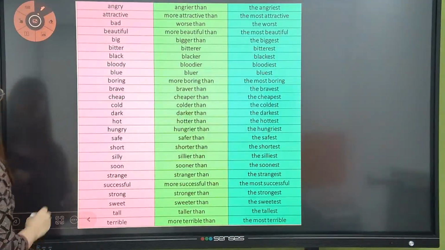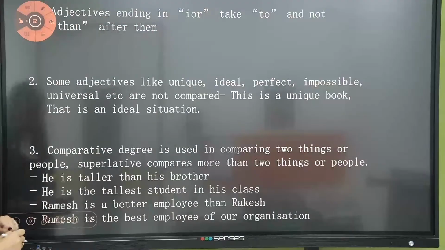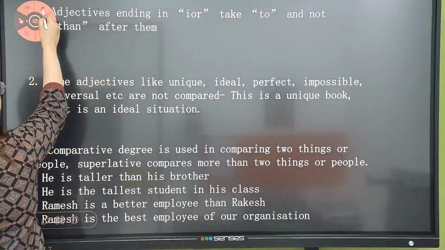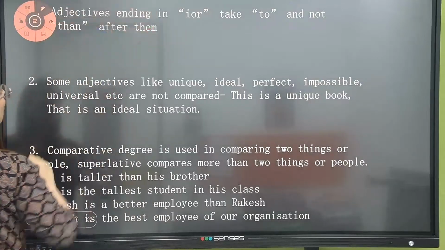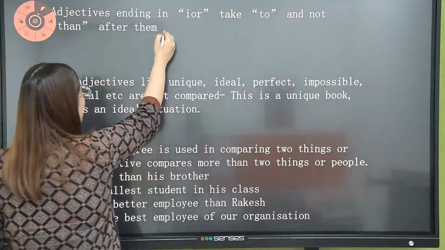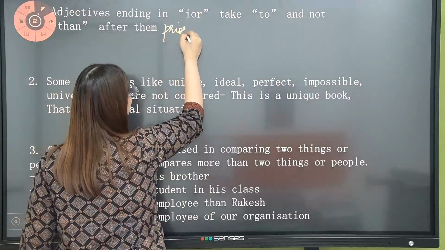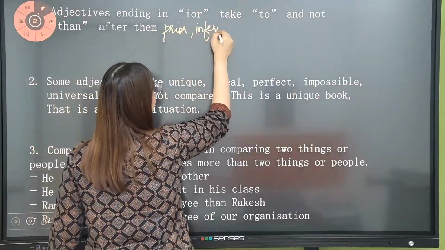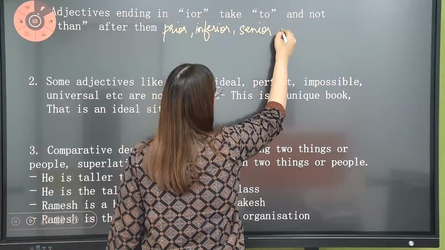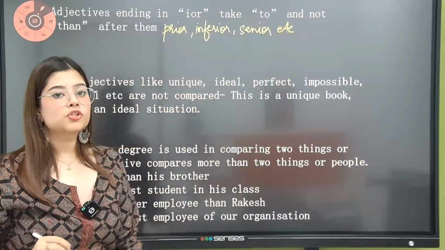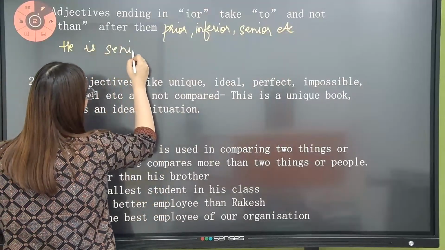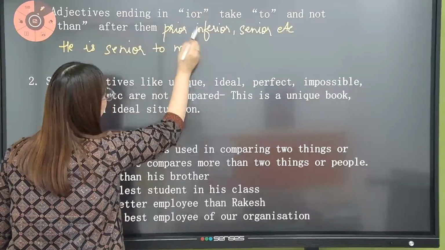So, some things that we need to remember. First, adjectives ending in IOR take to and not than after them. So, for example, prior, inferior, superior, junior, senior, etc. So I would say he is senior to me.